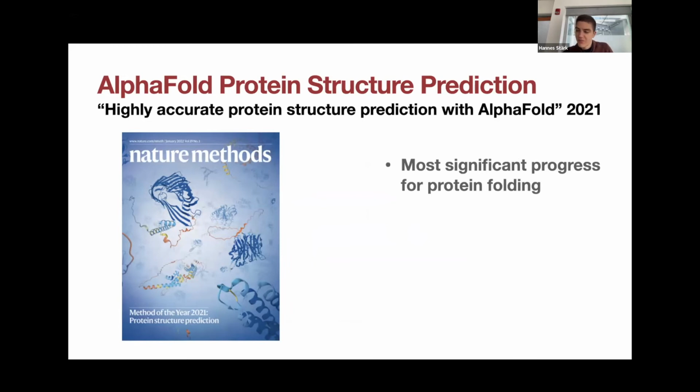So this is, in my opinion, maybe the biggest success in the field of machine learning for biochemistry, or machine learning for molecules. And many people even say that this is one of the biggest successes in biology in recent times.